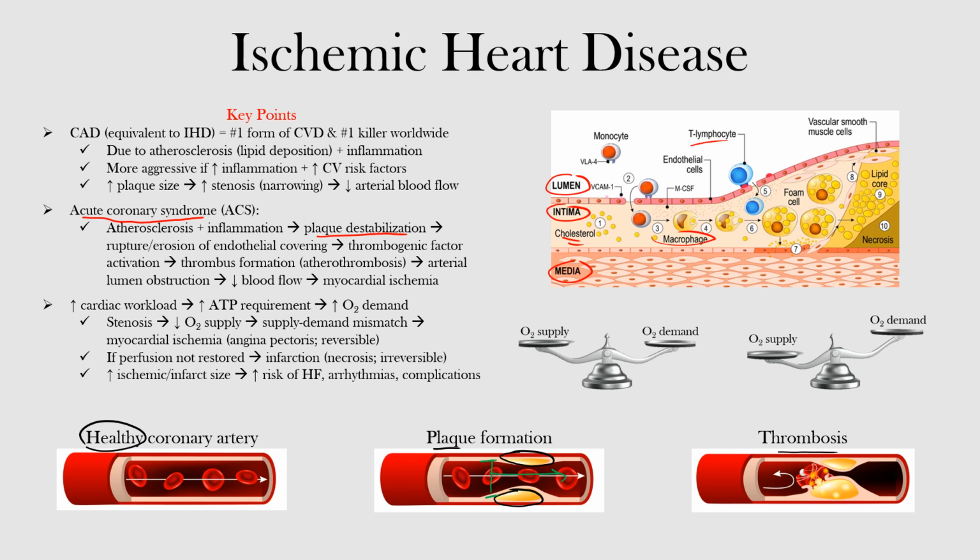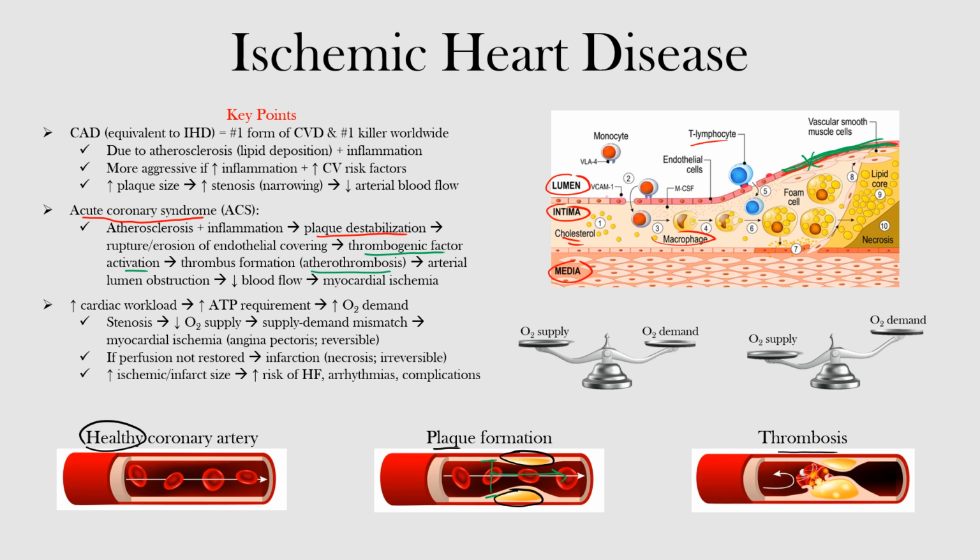So you have usually this endothelial covering, or these cells that overlie the lipid core, and sometimes with this inflammation you can get a break in that layer, and if you have a break in that layer you can have this thrombogenic factor activation, and if you have these prothrombotic factors you can have thrombus formation, which we call atherothrombosis.